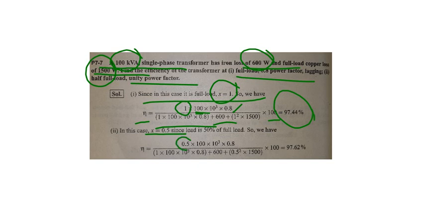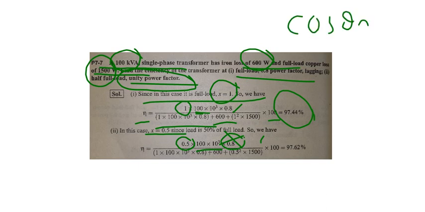X kVA will remain the same. X is equal to 0.5. kVA is 100 into 10 to the power of 3, into cos theta 2. It is not correct here. Please see here, it should be 1. This 0.8 is not correct. It should be 1, because in the second case you have been given the power factor as unity. So in the second case cos theta 2 is equal to 1.